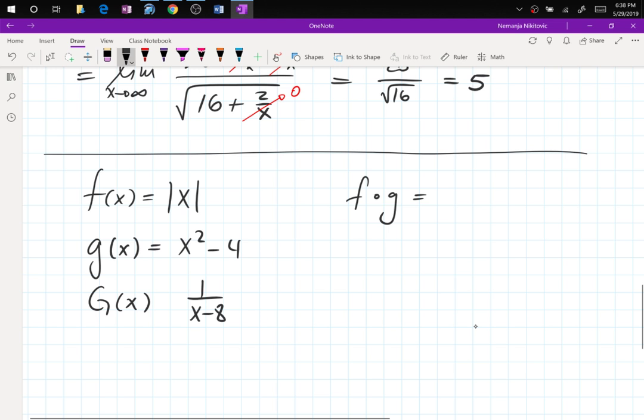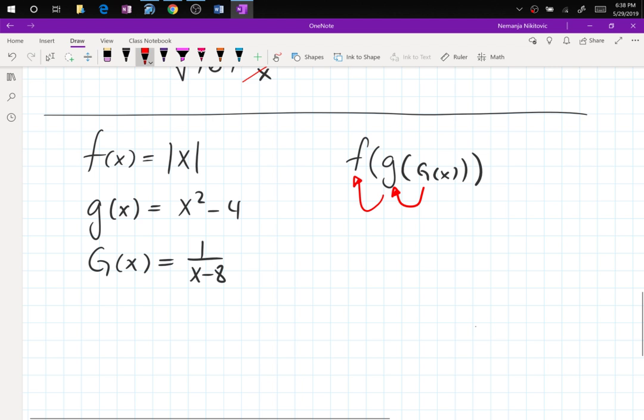Okay. Also find the combination f of g of capital G of x.